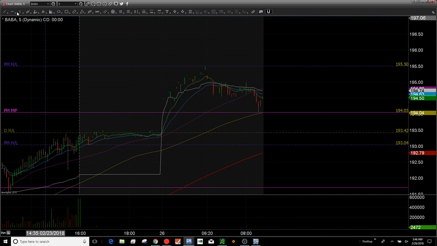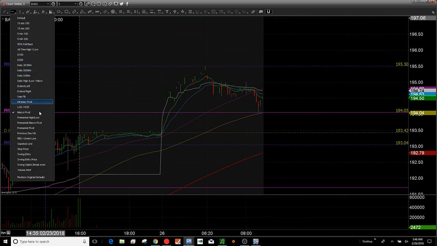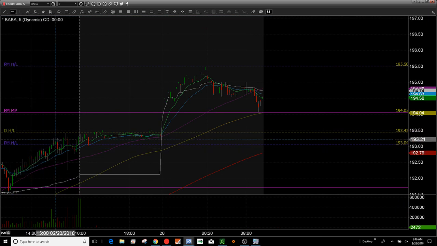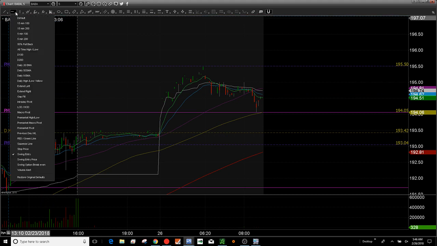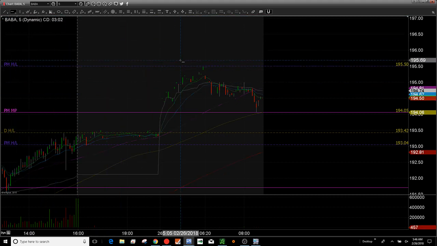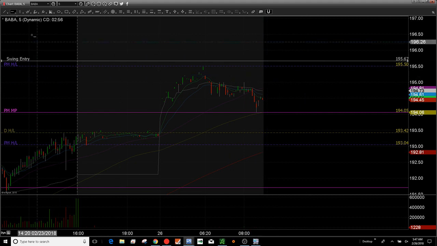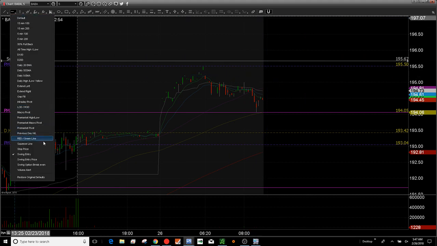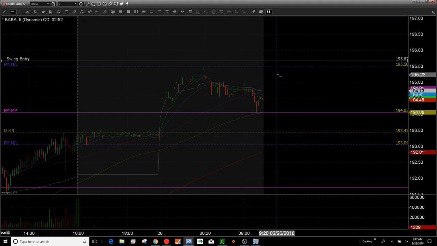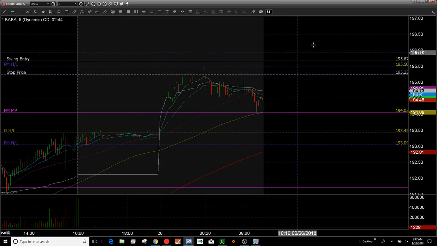I'm going to be looking for price action. Here my entry would be somewhere over here. Okay, and my stop price, maybe I'll risk 40 cents, something like that.